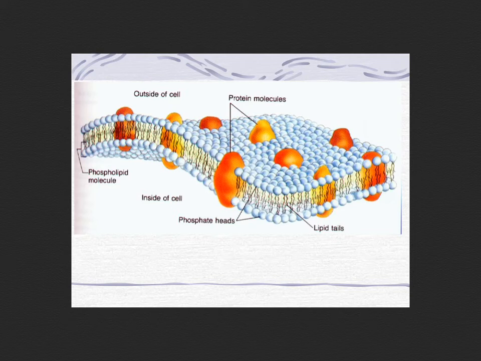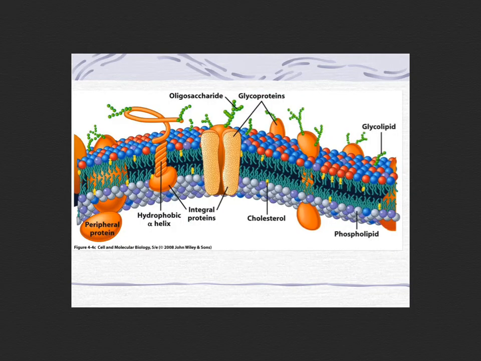So here's a simple diagram of what the cell membrane might look like. We've got the phospholipid bilayer here, and then depicted in orange are some large embedded proteins, some of the proteins spanning the membrane and some of them not. This particular diagram doesn't show the other parts, so let's look at another one. In this diagram you can see a lot more detail.